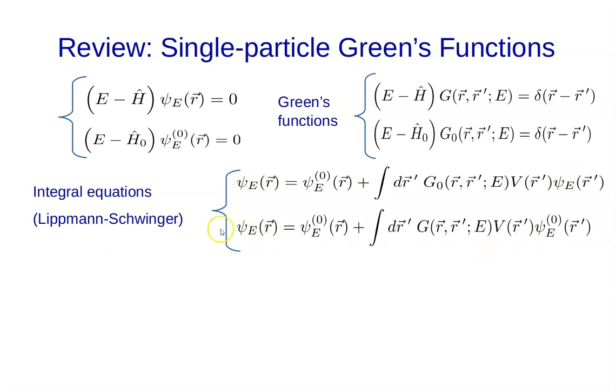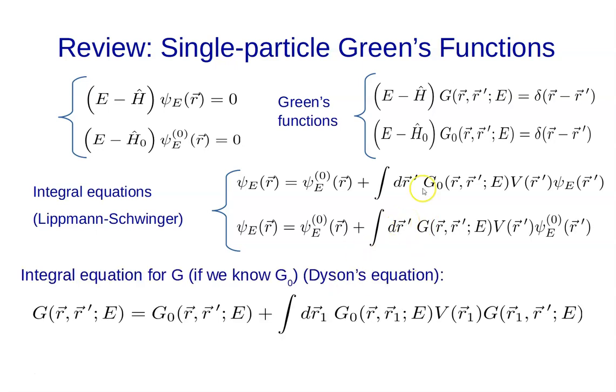Formally, I can also write the Lippmann-Schwinger equation in terms of the interacting Green's function, and what appears here is just phi naught, the free solution. But this is not too useful, since it would be useful if I want to write G in series of G naught. But in general, if I want to get the solution, then this one is more useful in a sense.